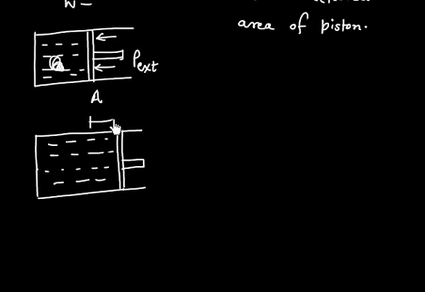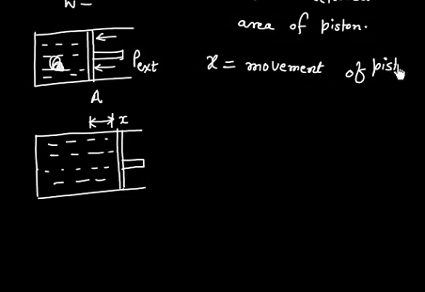Let us call this amount h, or we can call it x. So x is the movement of piston. By x amount this piston has moved.